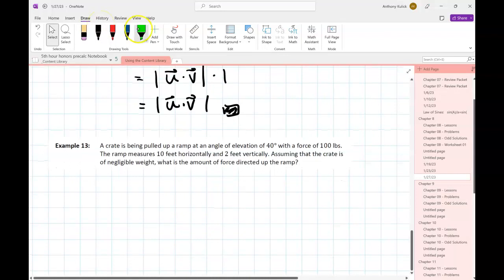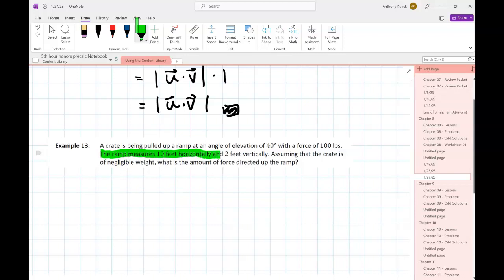Okay, so the key thing here is in this problem, the ramp has a length. So I cannot use that shortcut that I just used, because I no longer am dealing with a unit vector.